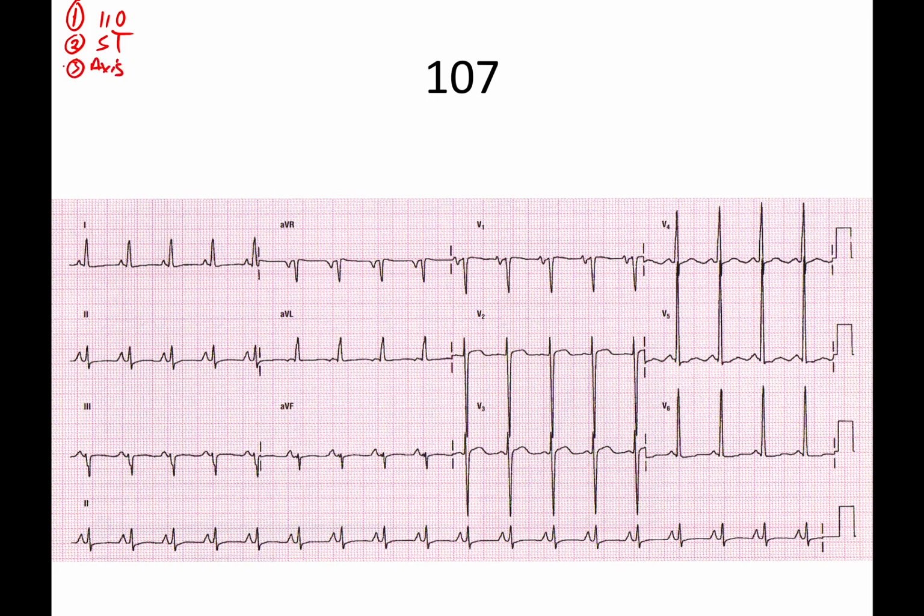Our axis is going to be lead 1, it's positive, AVF is negative, so we have up, down. So you look at your sheet, up and down means left axis deviation.